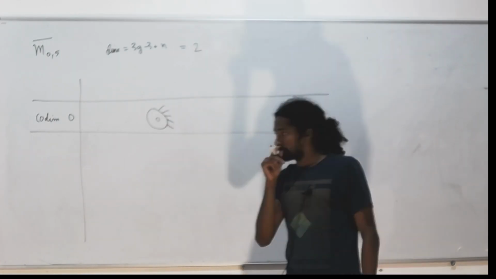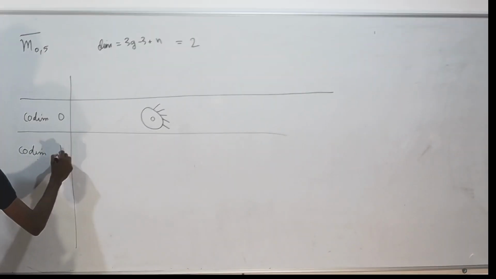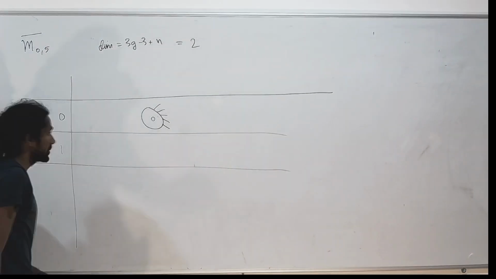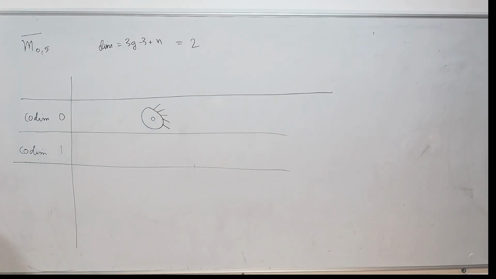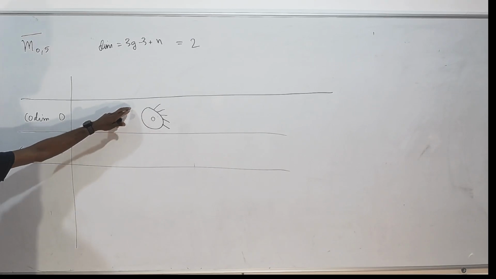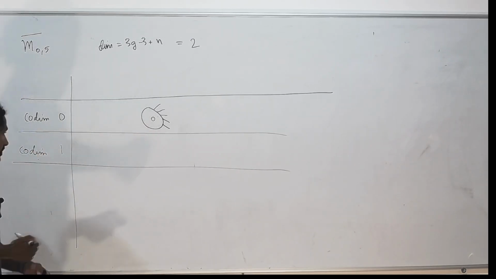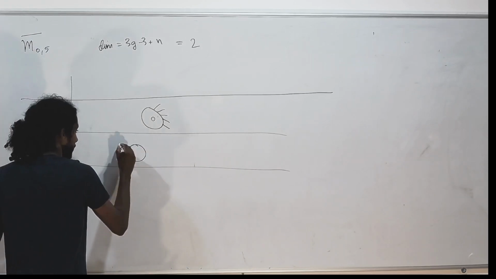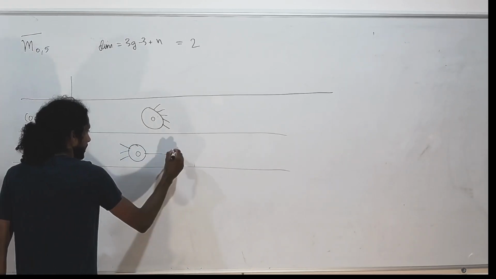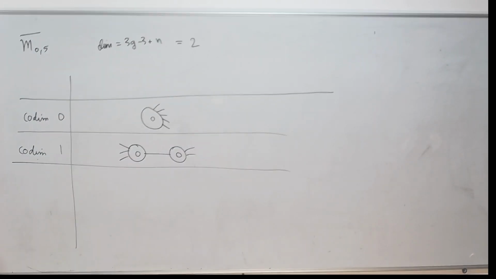Now I go down to codimension 1. What do you do? You take two of your marked points to each other, so 3 of them stay on one component, get connected by an edge, and you get 2 on the other.